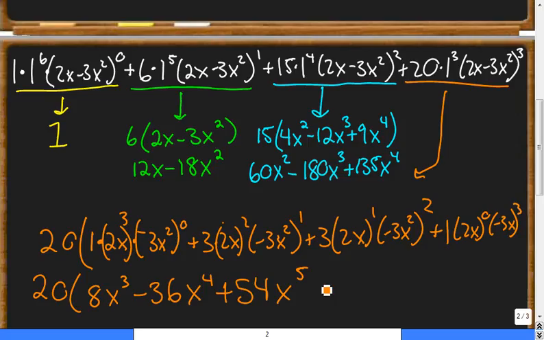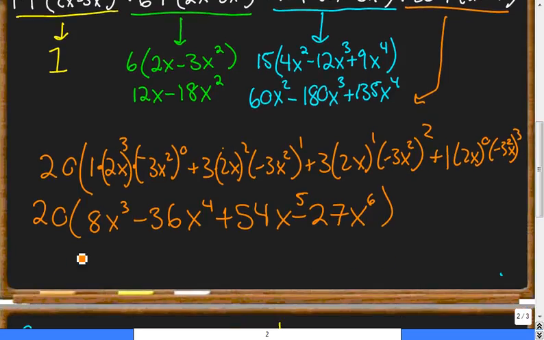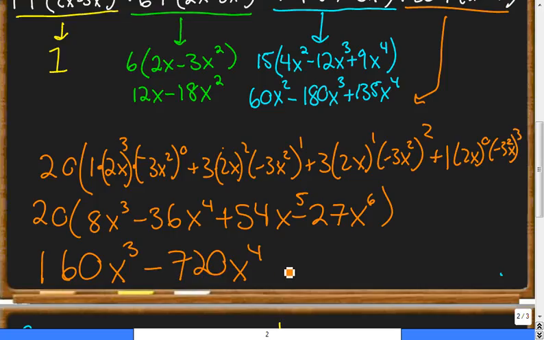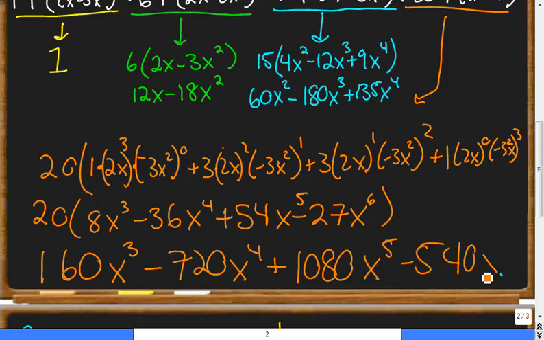And then we finally also have plus negative 3x squared cubed, so that would be minus 27 x to the 6. Which we could then find as 160x cubed minus 720x to the fourth plus 1080x to the fifth minus 540x to the sixth.